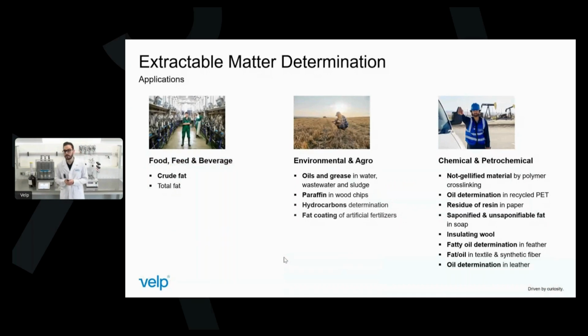The direct extraction can be applied in different sectors, as we have seen with Mattia before: from the food, feed and beverage sector, where we can apply the crude fat determination, to the environmental and agro sector, in which we can extract with the direct extraction for quantitative or qualitative analysis, and also the chemical and petrochemical sector, in which we can perform this analysis for quantitative or qualitative purpose.